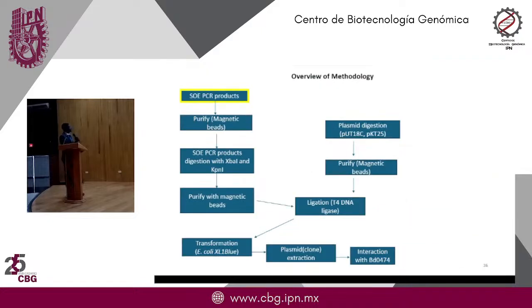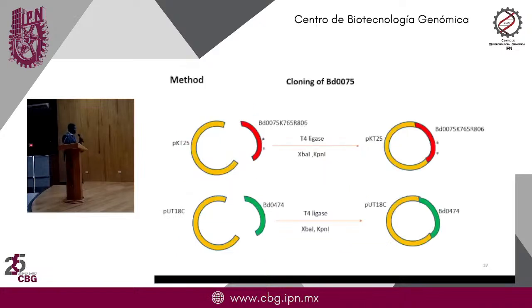This just shows a rundown of the methodology of the cloning after the mutation. The SOE PCR products, when we got them, we purified them, and we digested them with restriction enzymes, and purified them with magnetic beads. Then on the other side, we digested the respective plasmid, which I spoke about earlier, purified it also, and did a ligation in a standard cloning procedure, and transformed those into E. coli XL1-Blue, extracted the plasmids, and interacted the mutant species of 75, which was generated by this process, with 474. So this also shows a process of the methodology.